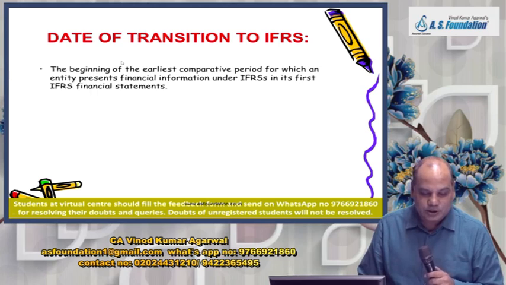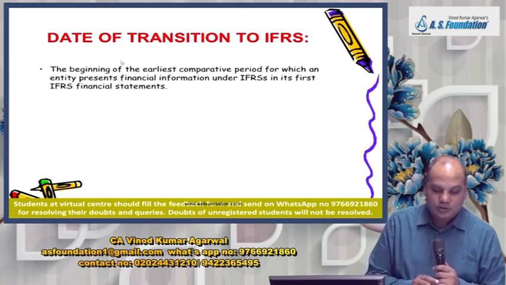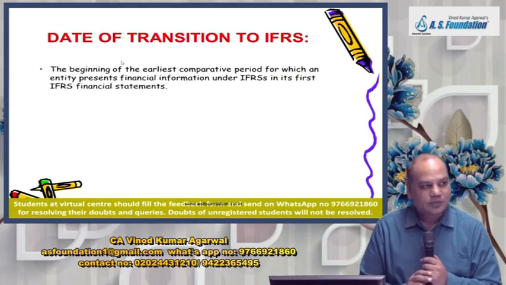Scope: the entity shall apply this IFRS in its first IFRS financial statement and each interim period report, if any, that it presents in accordance with IAS 34, Interim Financial Reporting, for part of the period covered by its first IFRS financial statement.